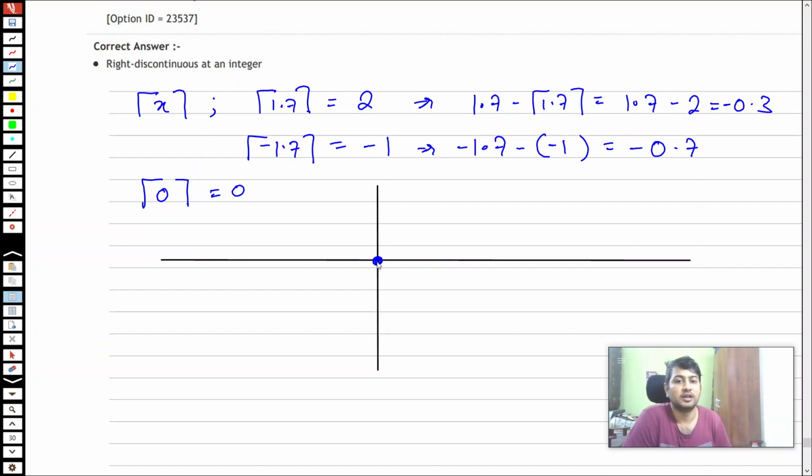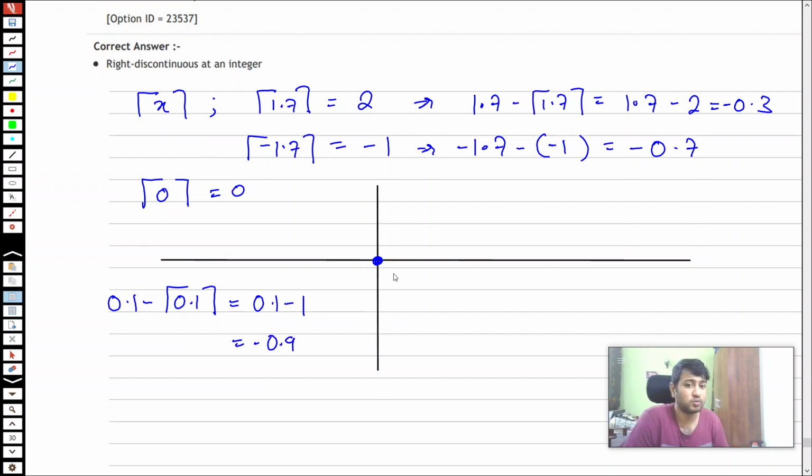But as I proceed to the right, it suddenly drops. For 0.1, it is 0.1 minus 1, so that is minus 0.9.